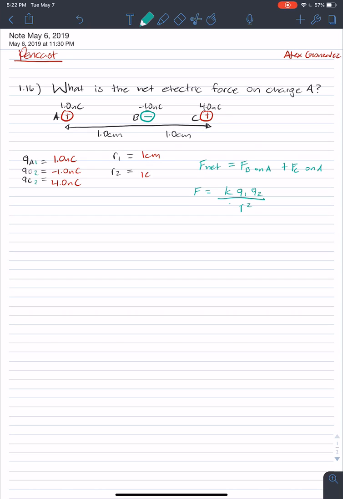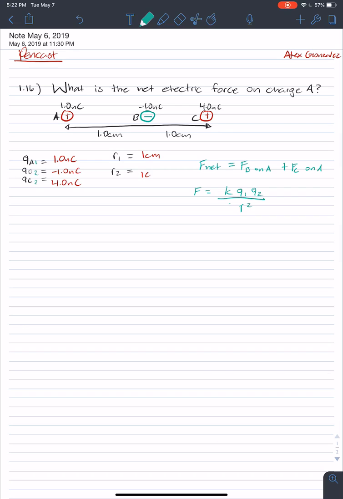So in this problem, we already are given pretty much everything we need to know. K is a constant. We have the charge of each particle, and then we have the distance from A to B, and then the distance from A to C.